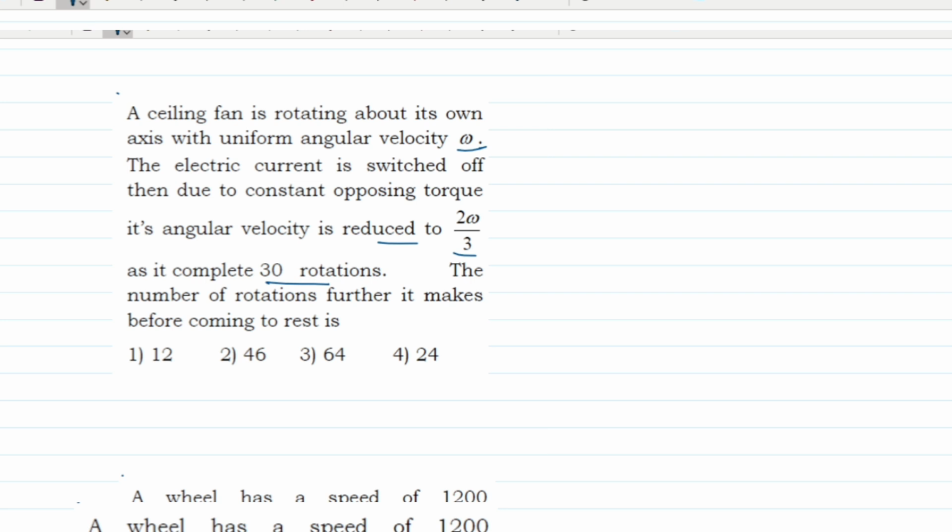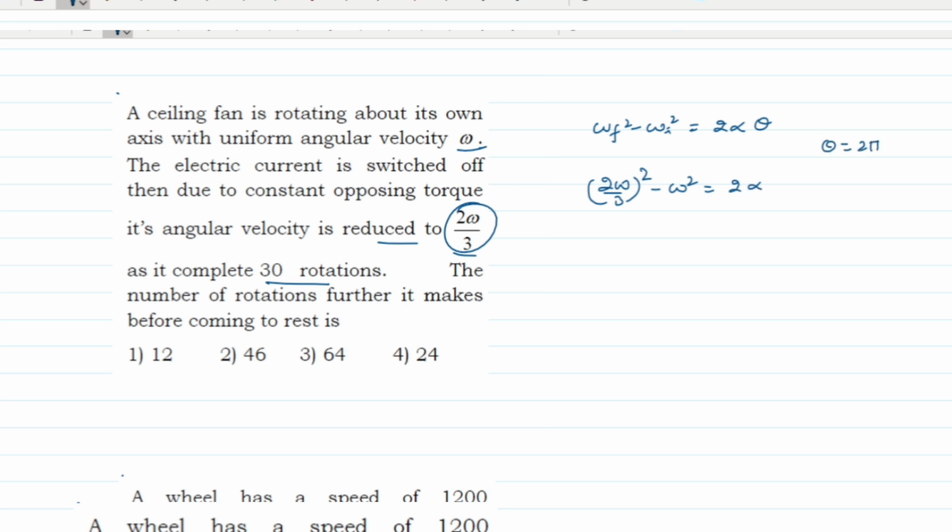The same scenario as the previous case. Omega final whole square minus omega initial whole square is equal to 2 into alpha into theta.